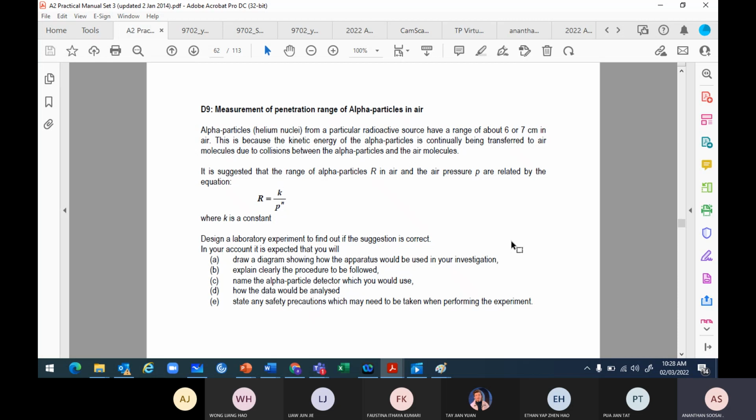Alpha cannot travel through dense air, so the range is shorter. The density of the air is kept constant. Closed container. Good. So that's independent, dependent. Independent definitely pressure, dependent definitely range, and kept constant the amount of the radioactive substance and the density of the air.